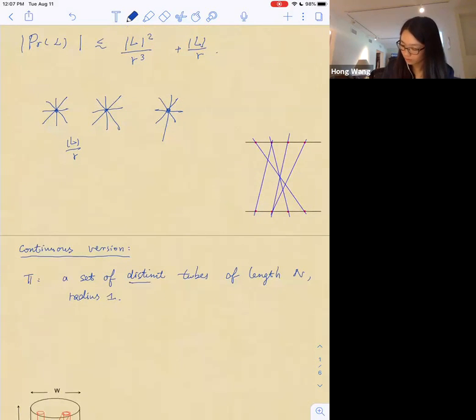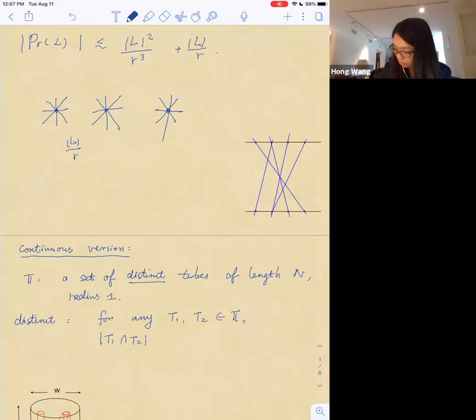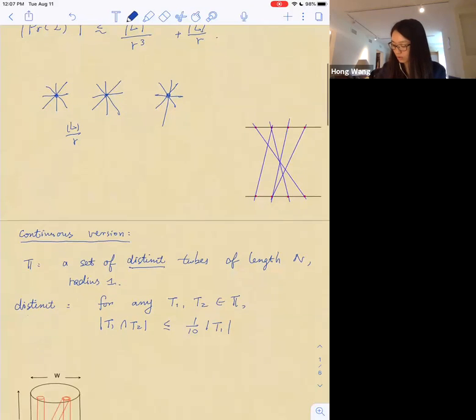So here by distinct, we mean that for any T1 and T2 in our set T, the intersection of T1 and T2 has volume smaller than 1/10 of a tube.